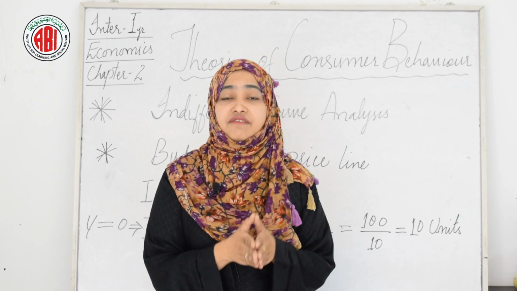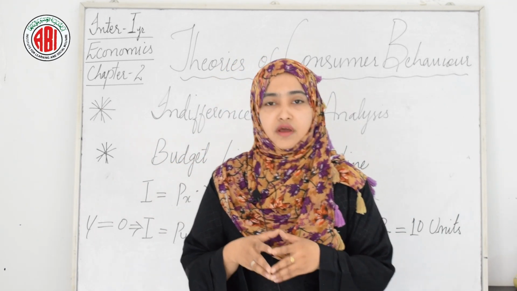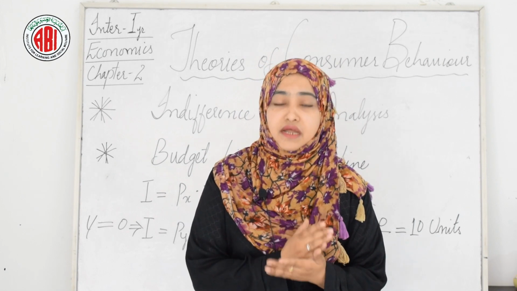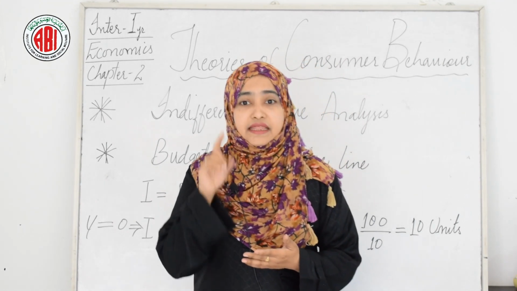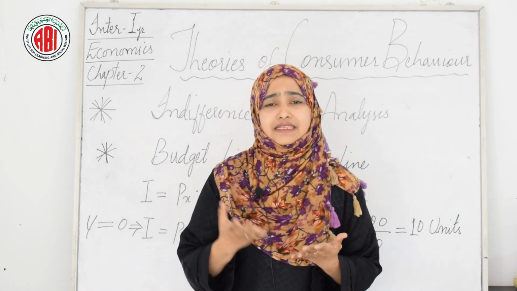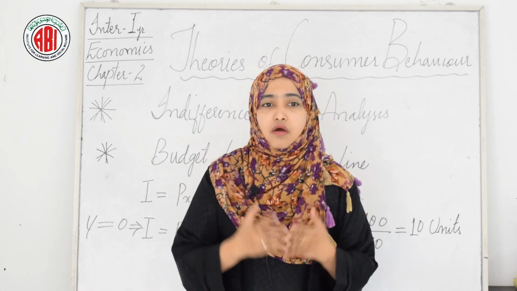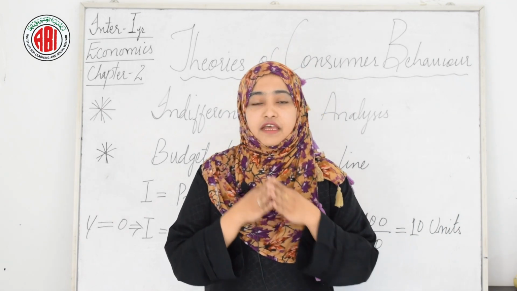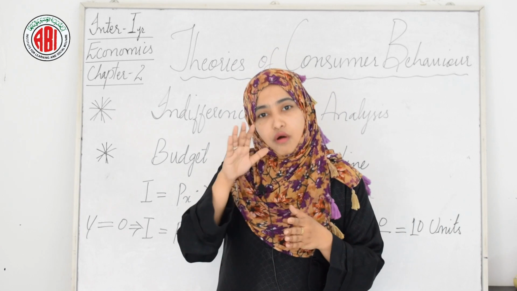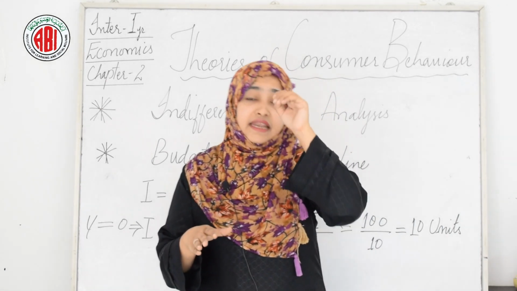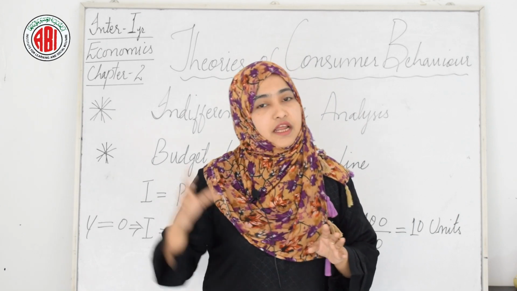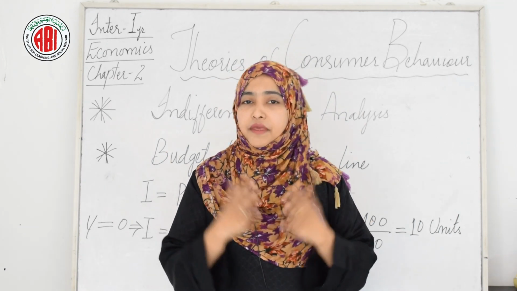Here, given the prices and the income of the consumer, if he wants to spend the whole of his income on Y, then he could get OP units of Y, or I/Py. On the other side, if the consumer wants to spend all his income on good X, then he could get OL units of X, or I/Px.